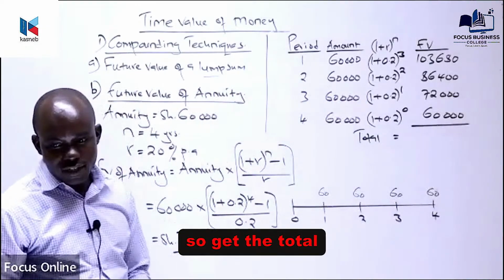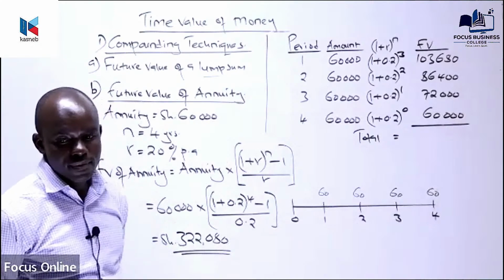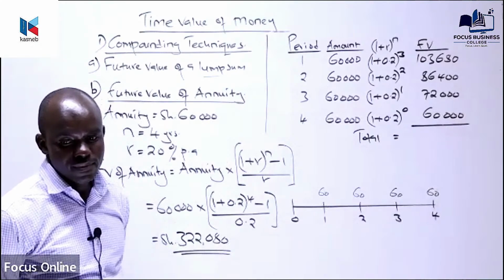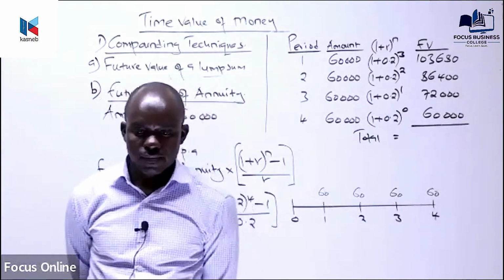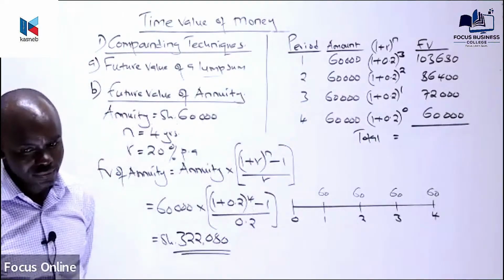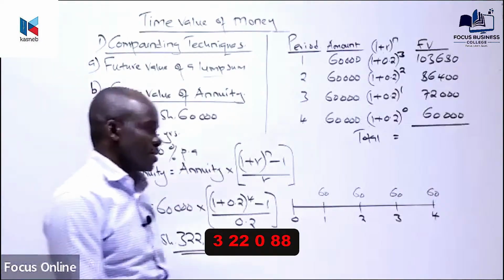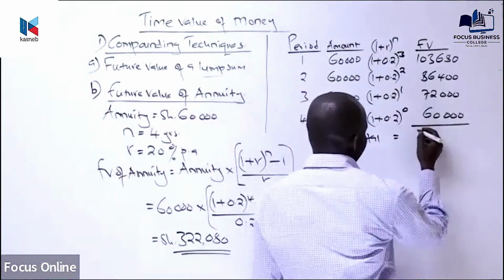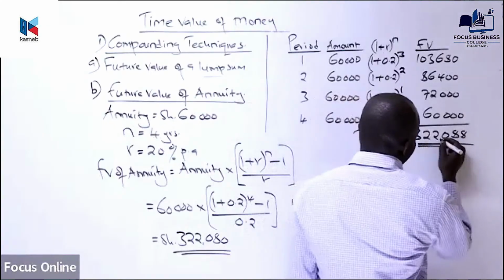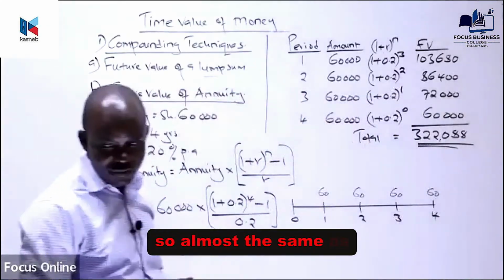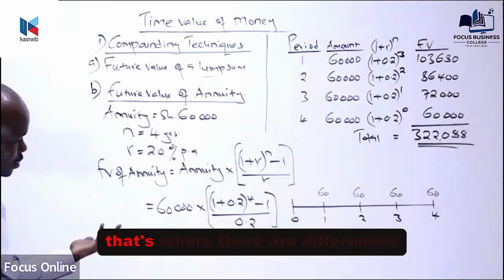So get the total: $322,088. So it is almost the same as what we have here; the differences are just because of rounding off.